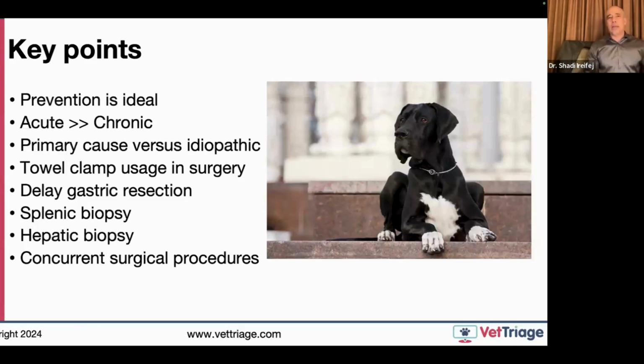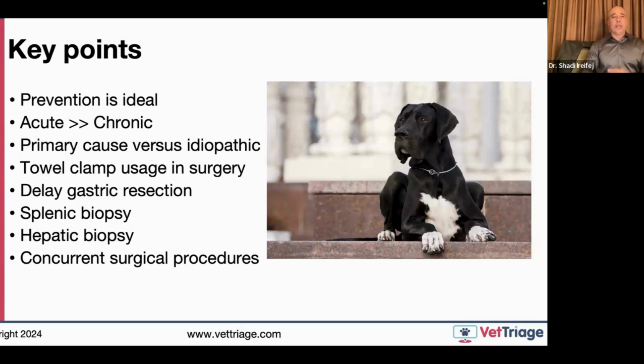And of course, the pet owner is going to agree to that. Why wouldn't they, right? And then you can always perform the procedure later after the dog's recovered from the GDV. So I'm okay with it to some degree, but I do preface it by saying to the pet owner, it's not ideal, but I want permission to be able to abandon ship, abort mission if I don't think it's the best case for the dog.